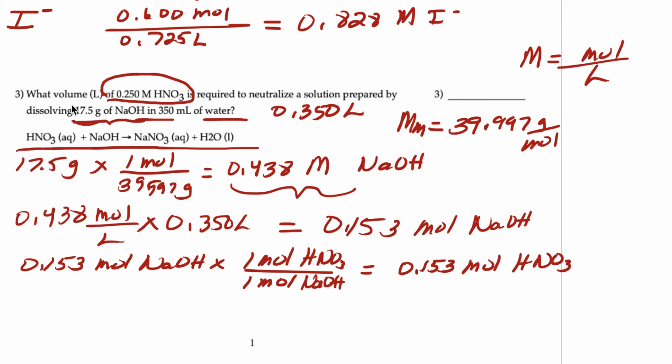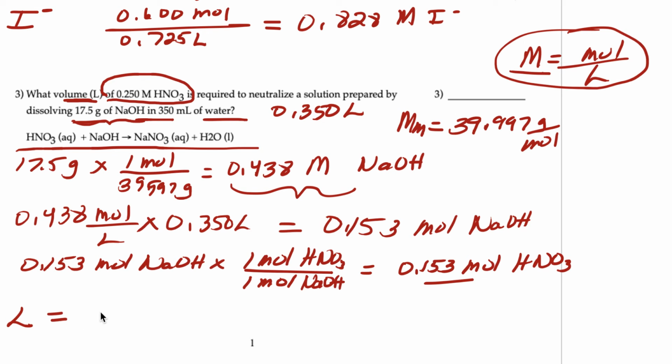It wants to know the volume of the 0.25 molar nitric acid. We know the molarity of the nitric acid, and we know the number of moles. So we need to solve for volume. The volume is going to be equal to the number of moles over the molarity.